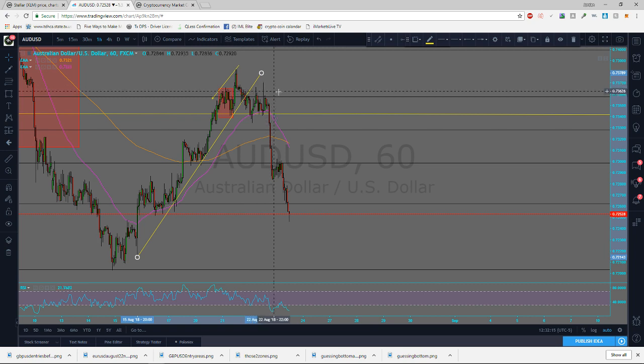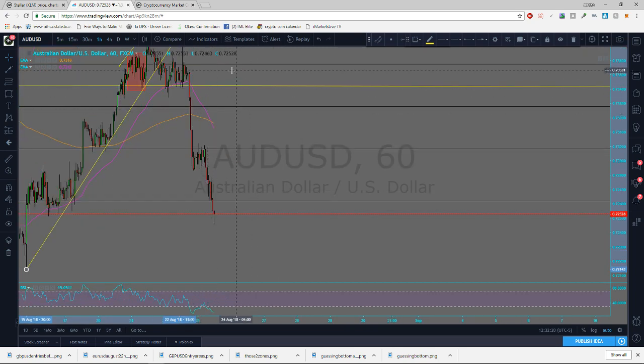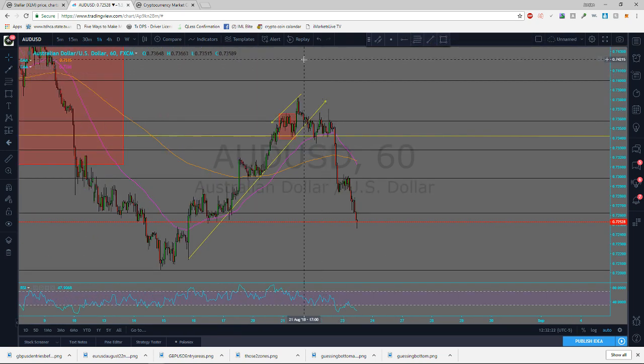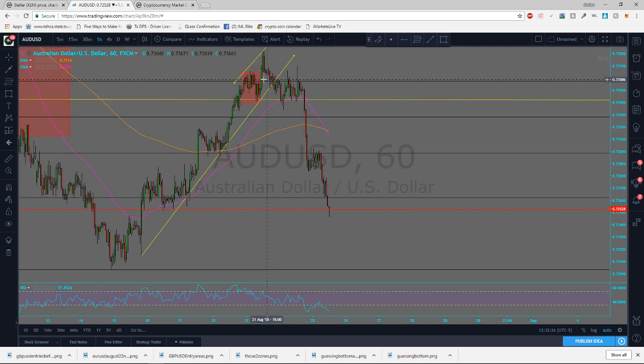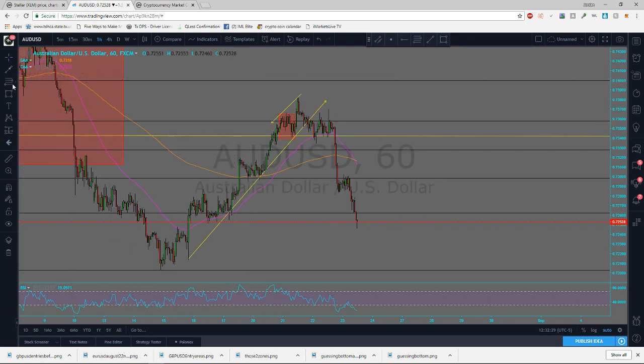So if we were looking at this on the buy side, I believe it was from here to here, looking at a price continuation zone, 61.8, it could have possibly happened to continue this uptrend.